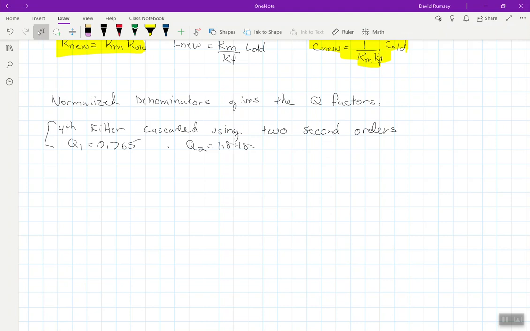All right, so let's now talk about what's called the Sallen-Key topology. The Sallen-Key topology is just one way to build second order Butterworth filters. So the way we're going to do this here, we have the following low pass filter.